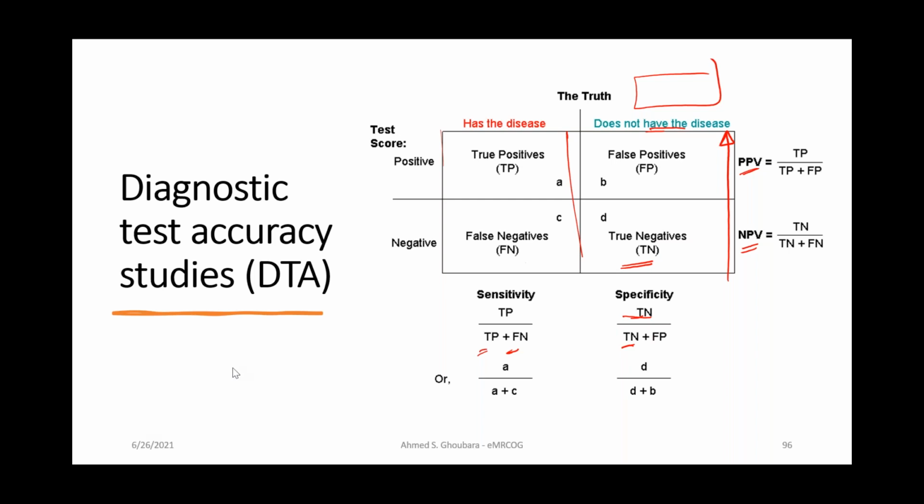Shall we continue, guys? Are you clear with that? All you need to do is draw this in your handwriting and repeat it over and over again. Remember that sensitivity goes like this, then specificity, positive predictive, negative predictive. In all equations, the truths are the denominators.